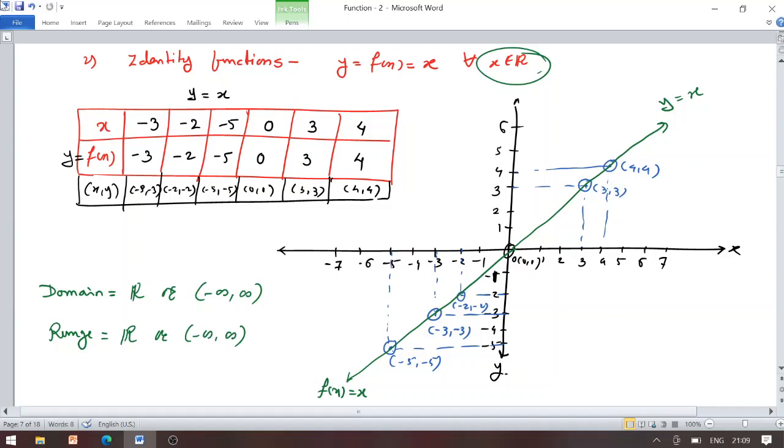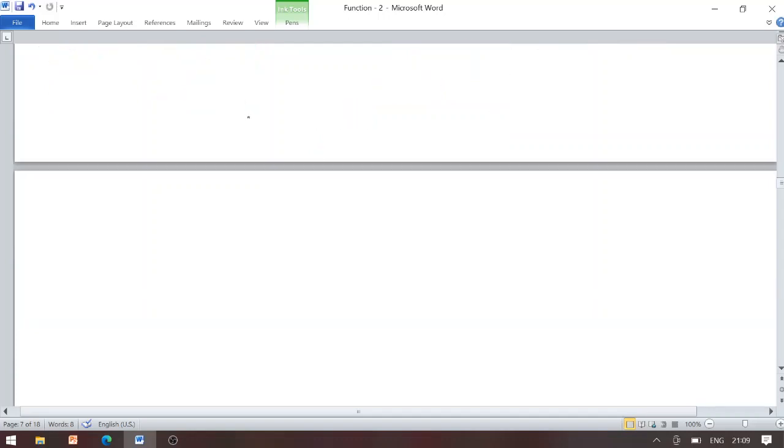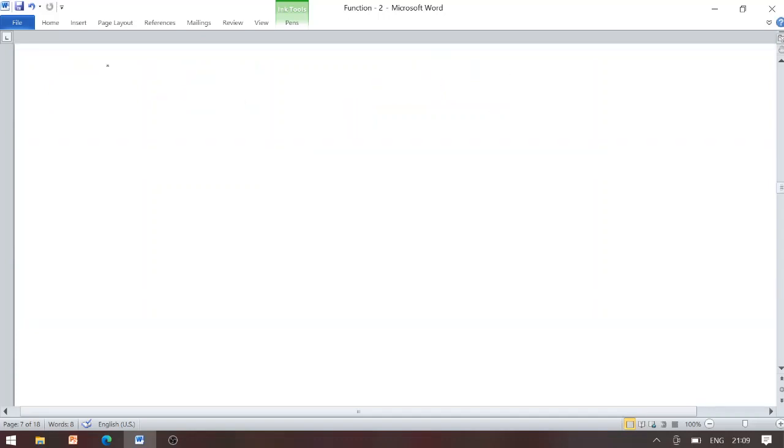Now what about your next type of function, the 1-1 function? The third type we have now is the 1-1 function. It is the same as your 1-1 relation.